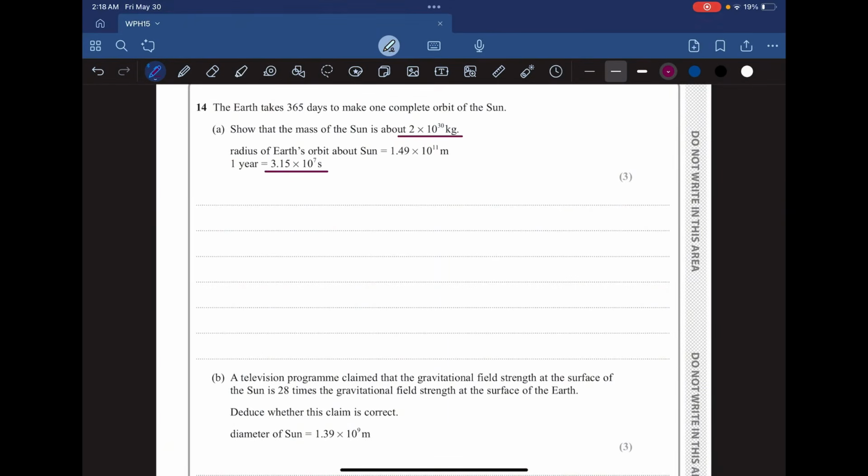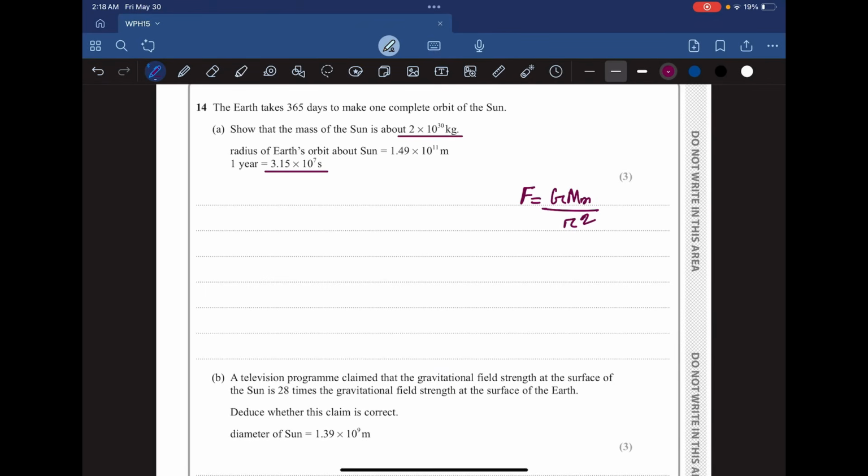Alright, so basically one formula that we all know is force is equal to GMm by r squared.